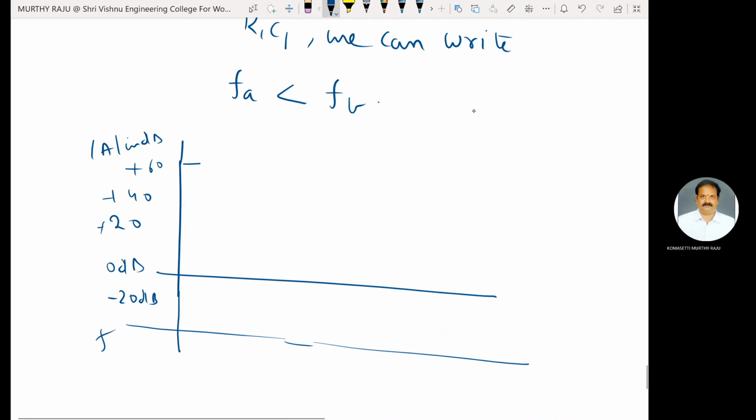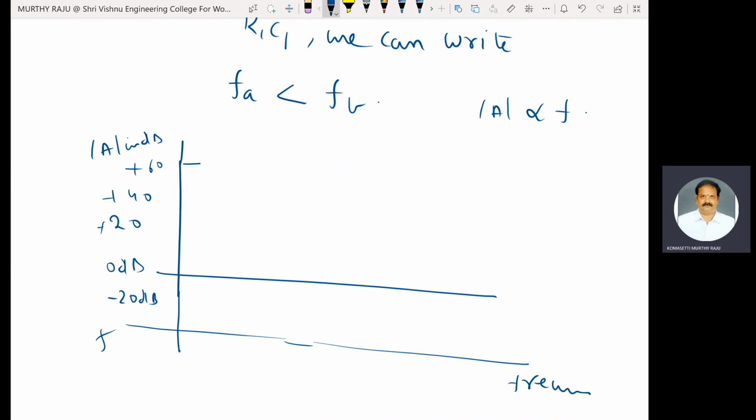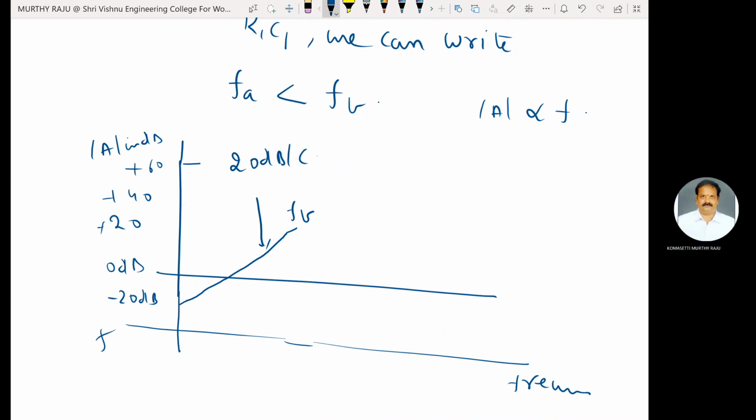Initially, under ideal integrator, mod A is directly proportional to F. As the frequency increases on this axis, this one is the frequency axis, relative frequency, the gain increases till F is equal to FB at a rate of 20 dB per decade.